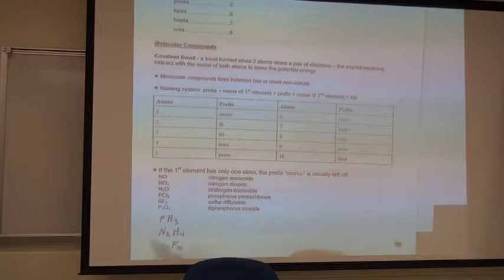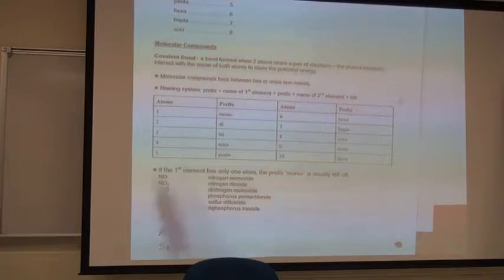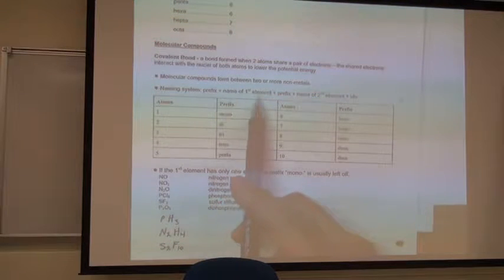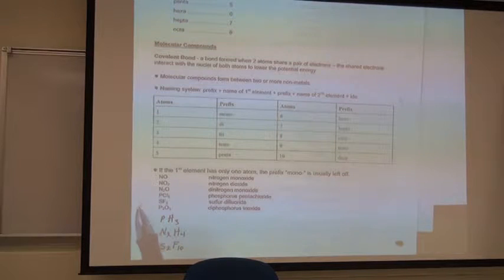How's that? Well, the naming system goes like this. You have a prefix and the name of the first element, prefix and name of the second element. Now, if there's just one of the first element, you don't have to say mono. You don't say monocarbon dioxide.